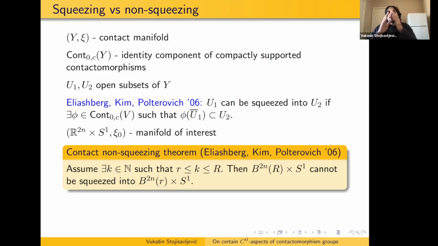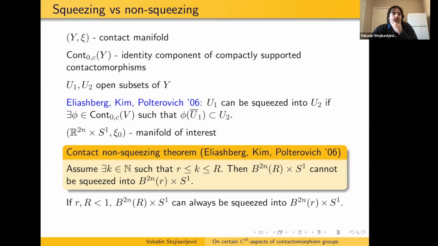So you can think they are a little bit more far apart, let's say by at least one. Then you cannot squeeze the big ball into the small ball. When I say ball, I mean ball times S^1, of course. This is very nice. It seems like these non-squeezing phenomena generalize.